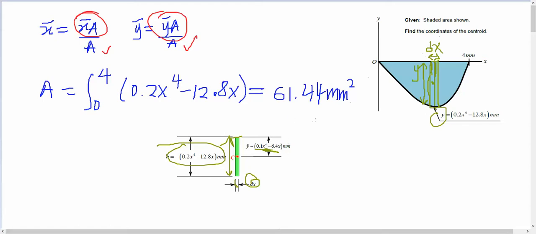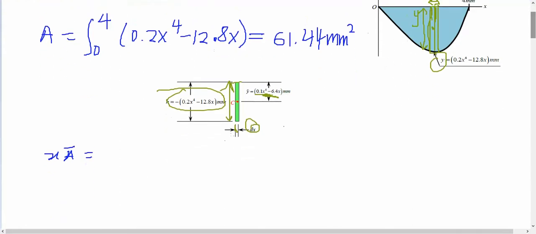Now in order to find xa, I will simply have xa as the integral from 0 to 4. Well, here we do the same thing like the last video.